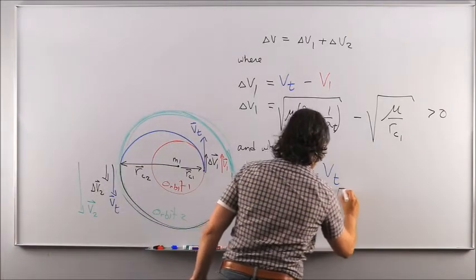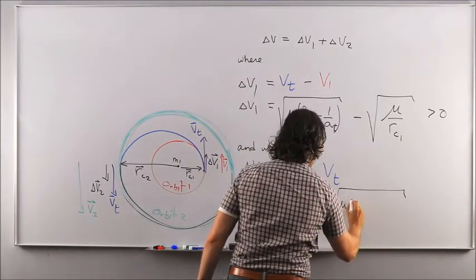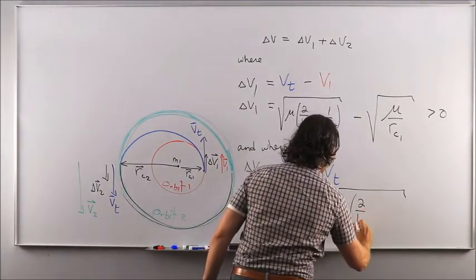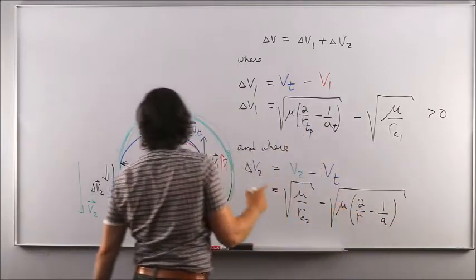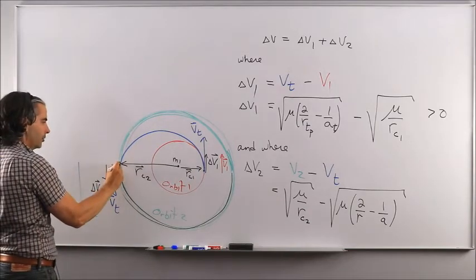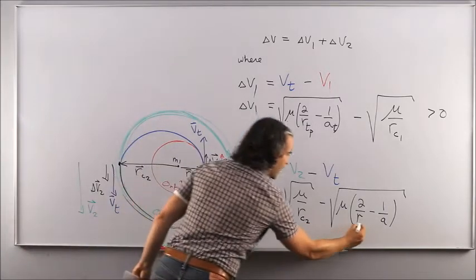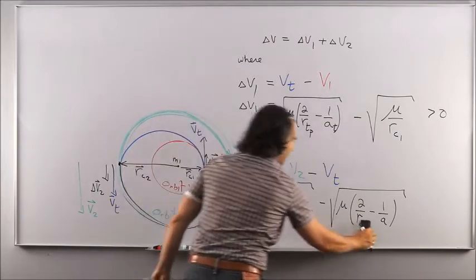I'm always referring back to my diagram to make sure I don't mix things up, and I would highly recommend you do the same. So this is an elliptical orbit, so vis viva applied to an ellipse, 2 over r minus 1 over a. Is it r perigee or r apogee? Well, we're now looking at maneuver number 2 here. So this is apogee, and I had used t and not nt.